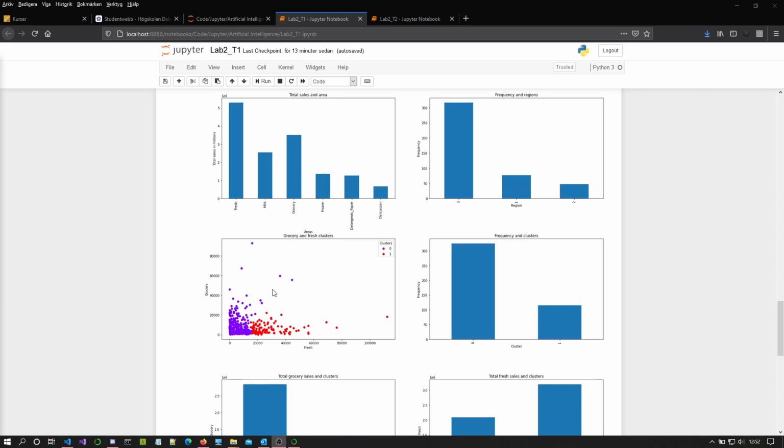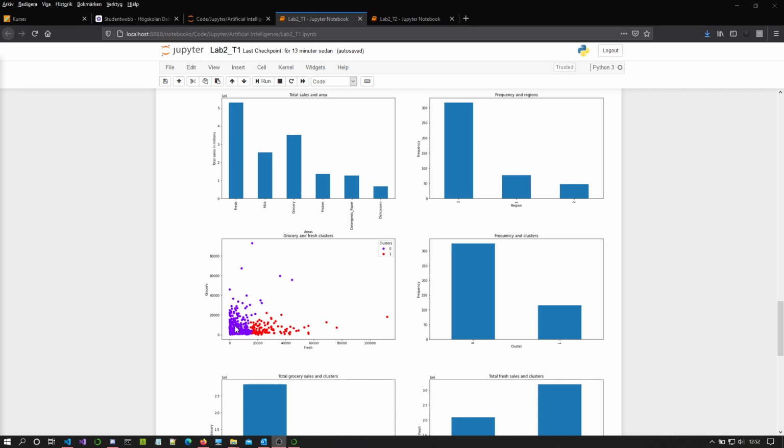And when we looked into the data with grocery and fresh, trying to find the two clusters, we can see that cluster 0 is down to the left. They don't buy so much.